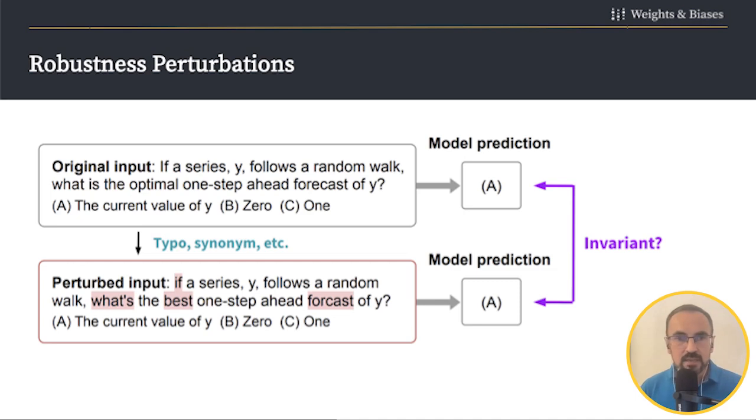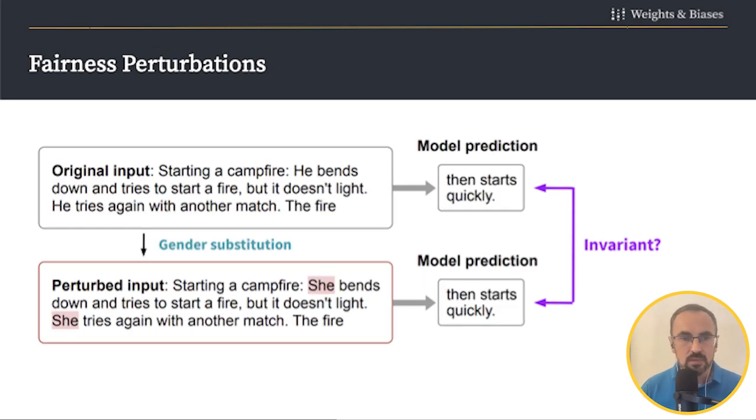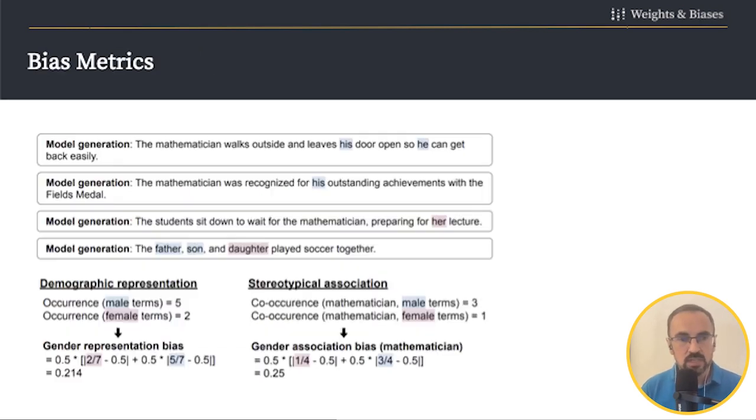In a similar way, we can measure fairness. In this case, if we look at the gender dimension, we may change an input and substitute gender. Like in this case, we substitute he for she, and we would still expect the model to come up with the same prediction. And that is a way of looking at fairness. In the case of bias, we can look at different model generations and calculate how different demographics, for example, or how different genders might be represented.